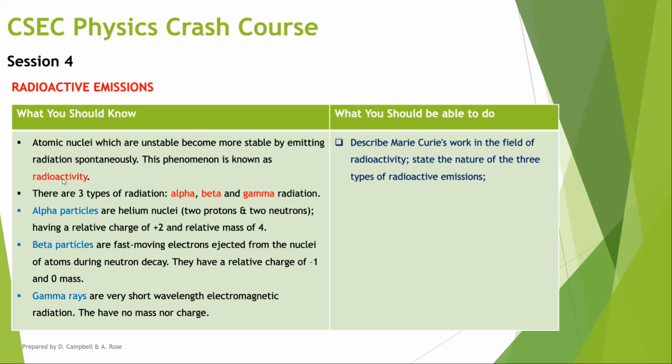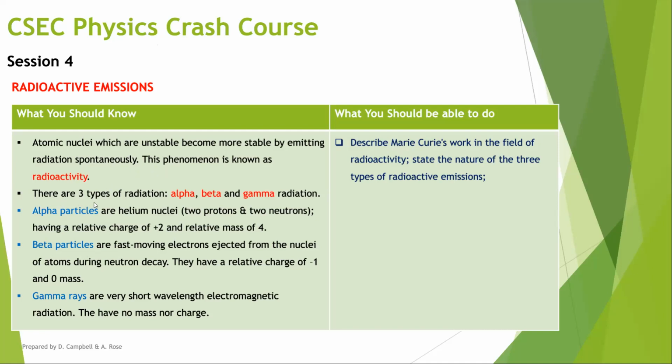This is called radioactivity. So radioactivity is the spontaneous emission of radiation by unstable atomic nuclei. They are trying to become stable, just like anything that has too much energy, they release some of the energy to get to a lower energy state.